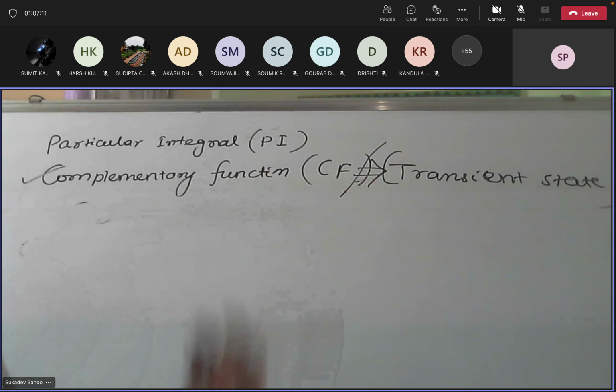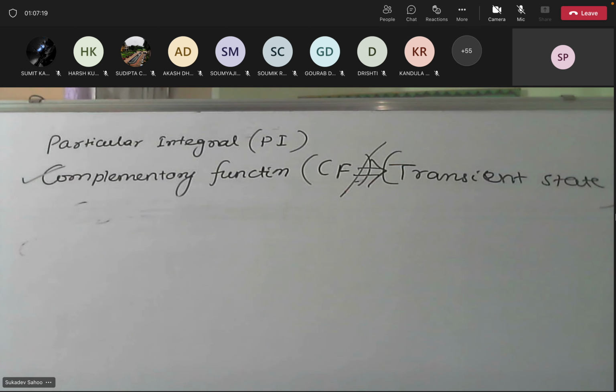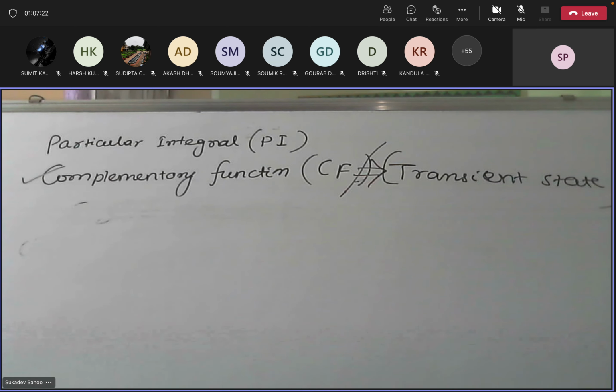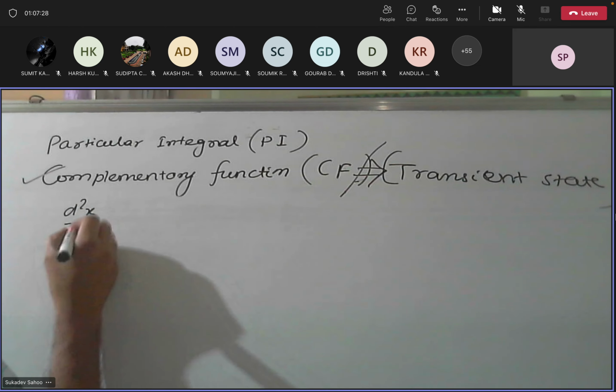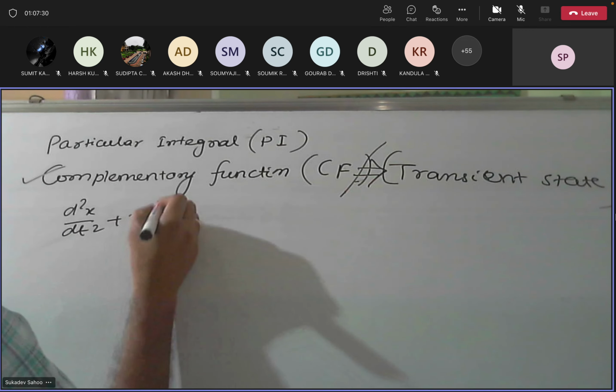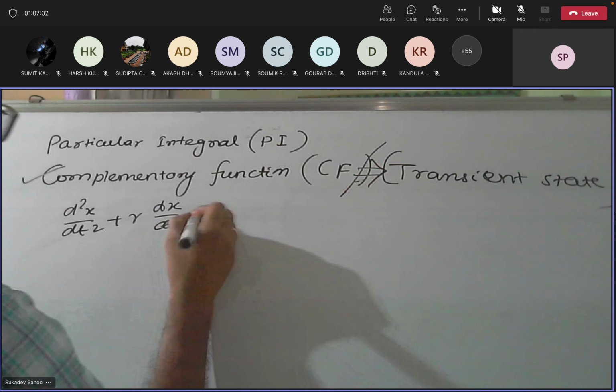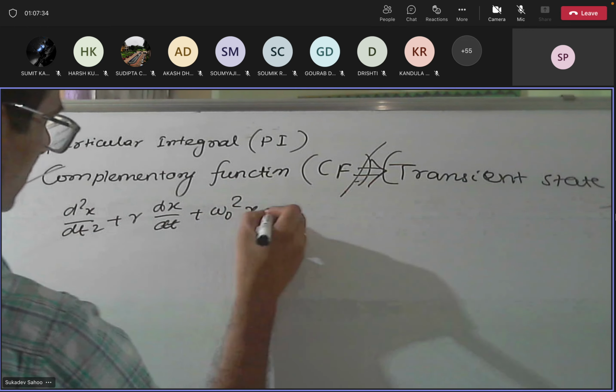So in order to get the complementary function, we have to set the LHS of equation 6 to 0. That means we will write d square x by dt square plus gamma dx by dt plus omega 0 square x equal to 0.